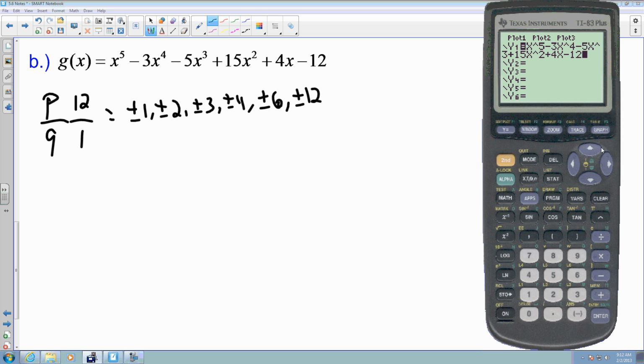It's really important to make sure that you type it in correctly. And as it's thinking, I have my graph.